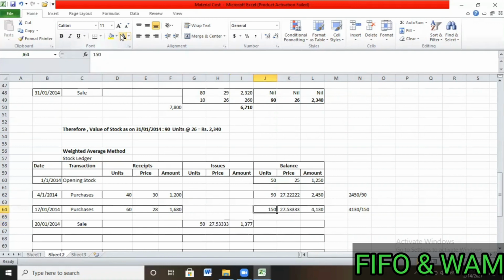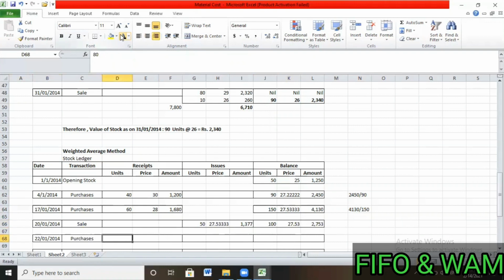That means out of this 150, we sell 50, and your balance is 100 units. Again, I'll write 4130 was the last pricing. We subtract 1377 and get 2753. So the amount written over here is the division of this, and the converted amount becomes 27.53.